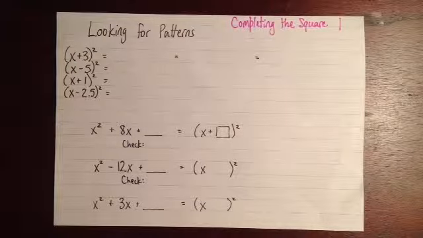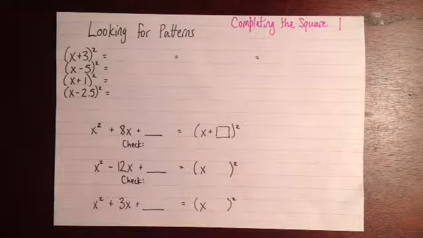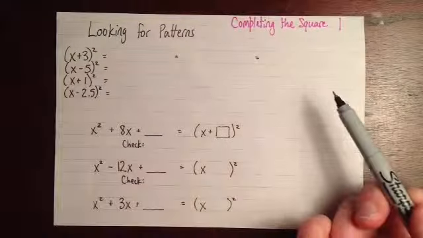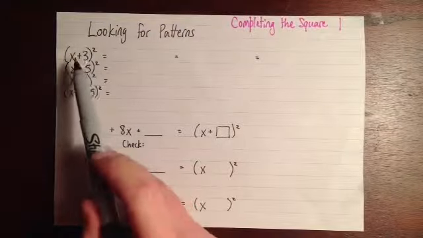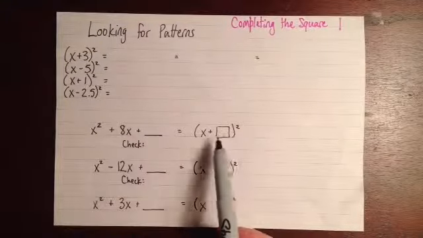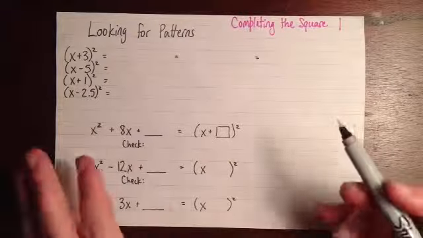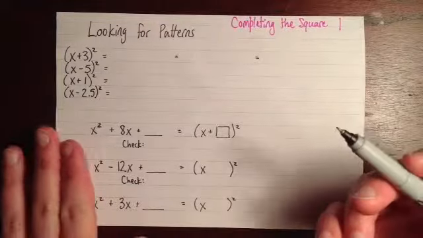Okay. So first of all, we're just going to take a look at some number patterns here. I've written a bunch of perfect squares because we're going to want to go backwards. We're going to want to write this as x plus something squared. So we'll just look at what the numbers look like so we can figure out how to do that.